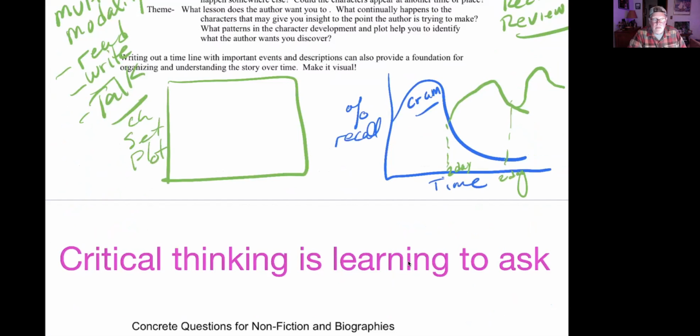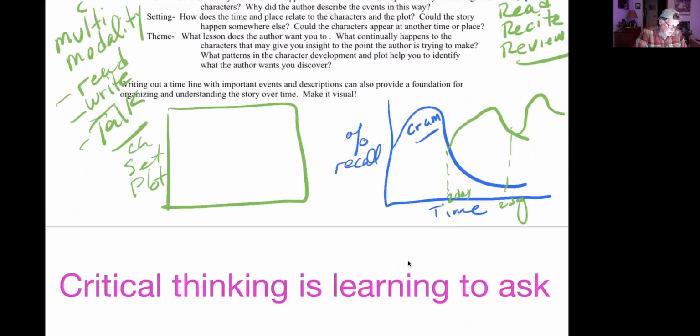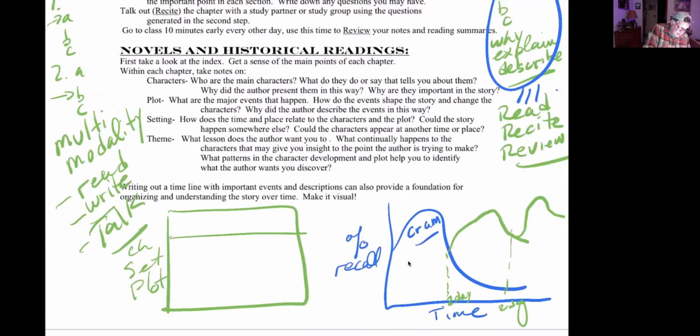Okay, that way you can keep track. Chapter 1, these are the characters, this is the plot, maybe this is the theme that I was watching, okay? So now, that's going to be helpful in really keeping track of the people, of the plot, and of the setting. But it also does something else, right?